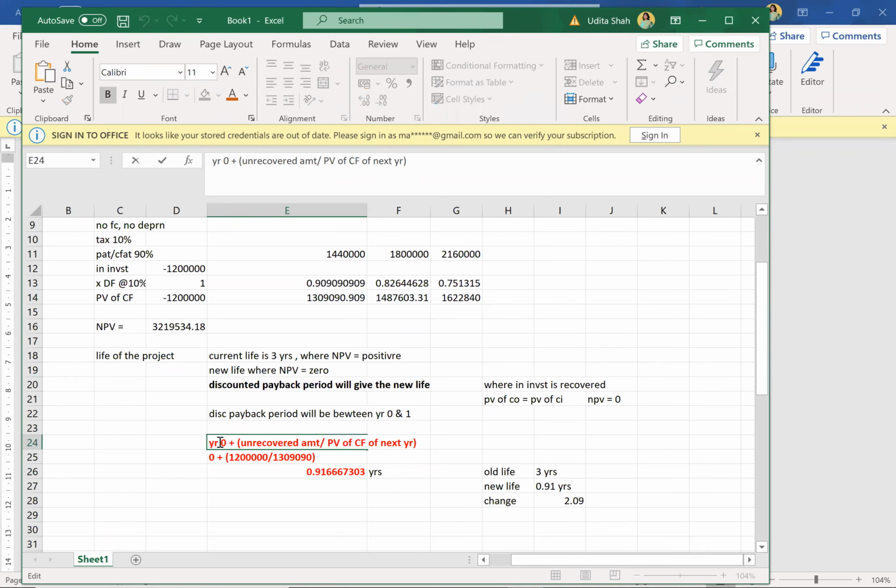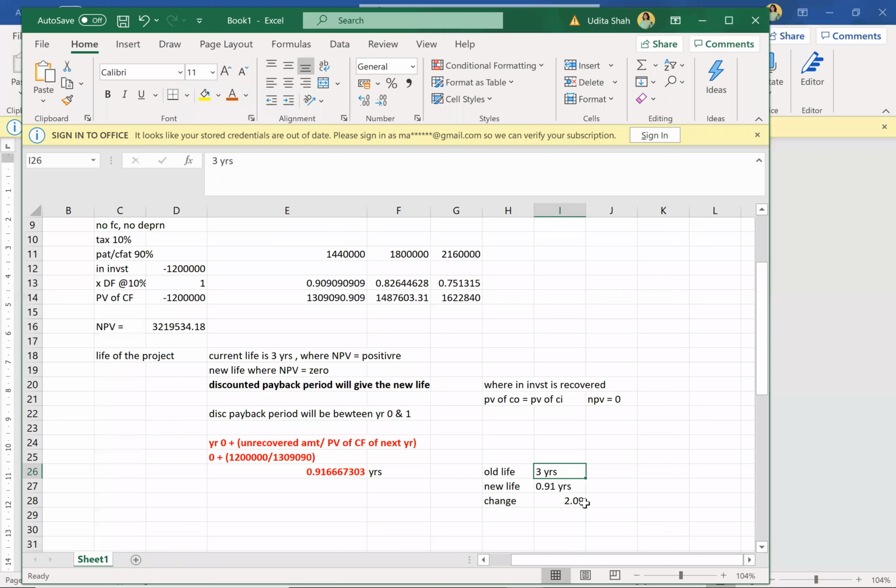Till year 0, nothing was recovered, so the entire 1.2 million is the unrecovered amount, divided by present value of cash flow of next year. So 0.91 years. Old life was 3 years, new life is 0.91, so change is 2.09 years.